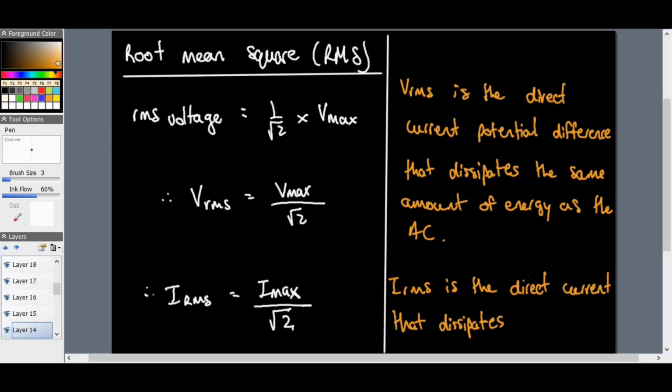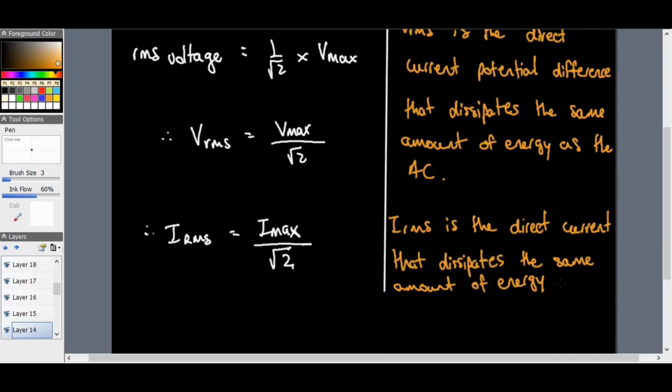I'm struggling to write today. Alright, there you go. So those are the two definitions of RMS values, the RMS value for voltage and the RMS value for current.